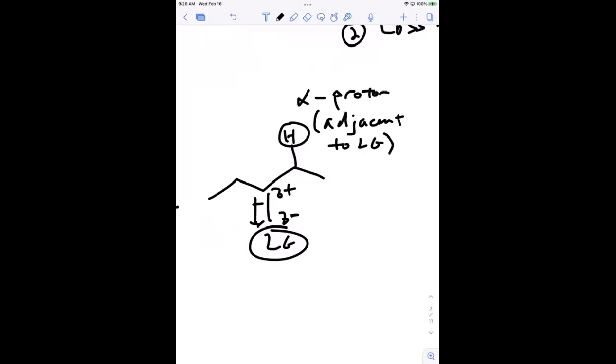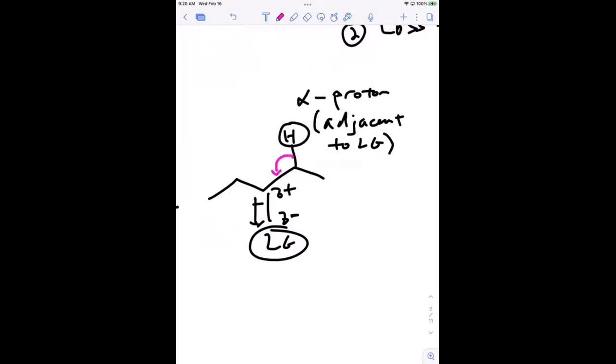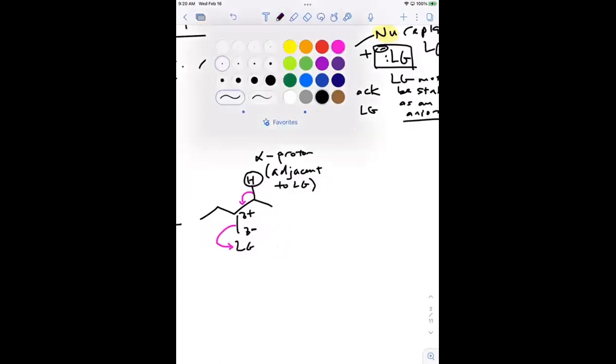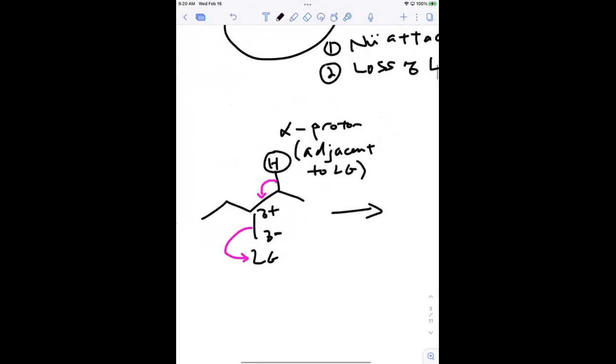That proton and the leaving group control the elimination, because the way this happens is these electrons here come here to form your pi bond, and then the electrons in the bond to the leaving group come here, and the leaving group leaves with that pair of electrons. Under normal circumstances, the proton doesn't just come off. You have to have some type of base to remove it. So the base is going to come in and grab that, doing proton transfer with it.